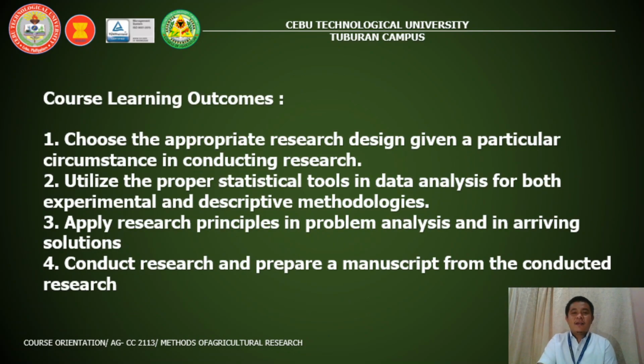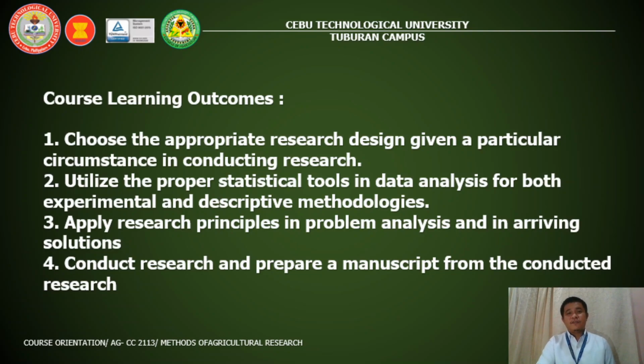So in this course, our course learning outcomes after taking up this course, we expect that you students will be able to choose an appropriate research design given a particular circumstance in conducting research, because different kinds of research require different designs and we will be teaching you that in this subject. Next is to utilize the proper statistical tool in data analysis for both experimental and descriptive methodologies.